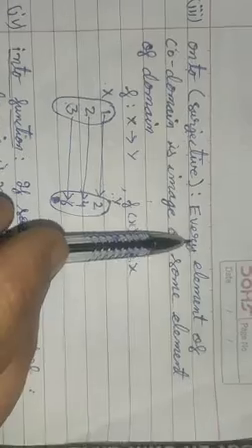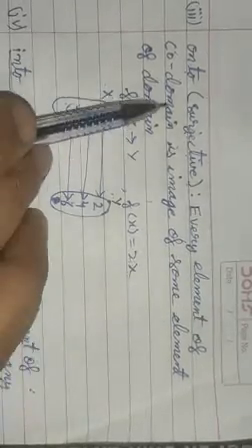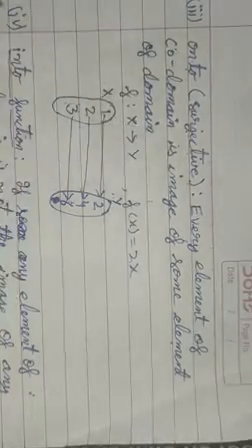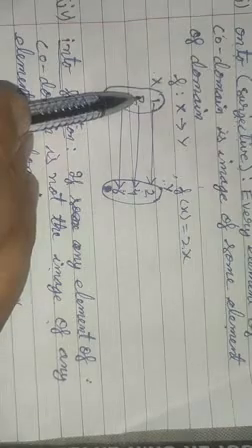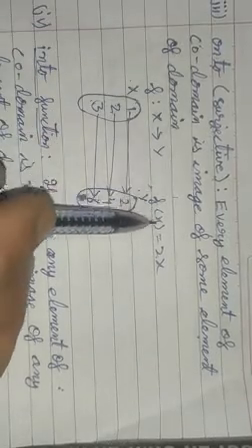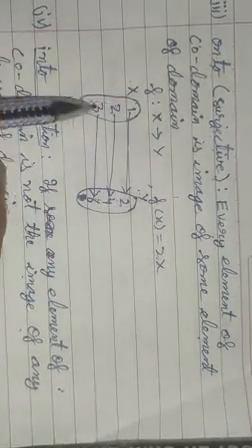Here every element of codomain is image of some element of domain. Here we are taking a function f: X to Y, f(x) equal to 2x, with 1, 2, 3.